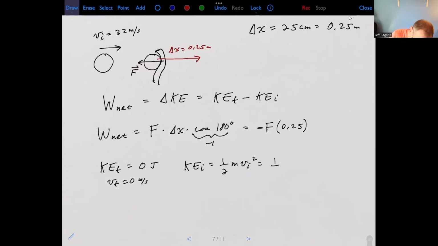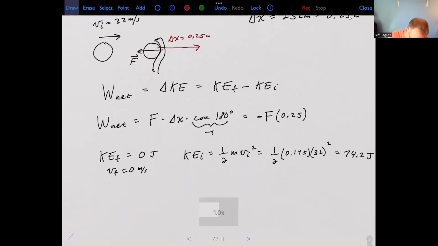Well, that's going to be 1/2 times the mass of the ball, which is 0.145, times the speed of the ball, 32 squared. So that's going to be like 74.2 joules.